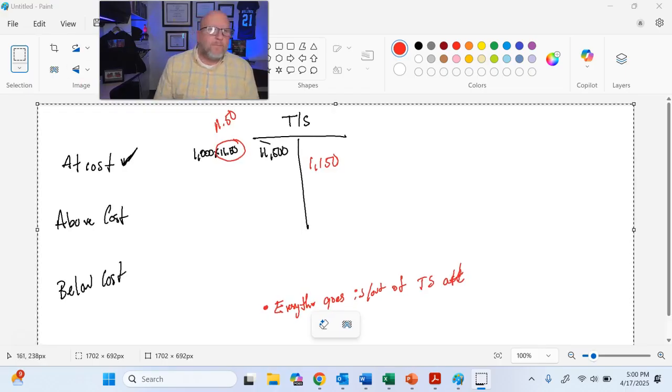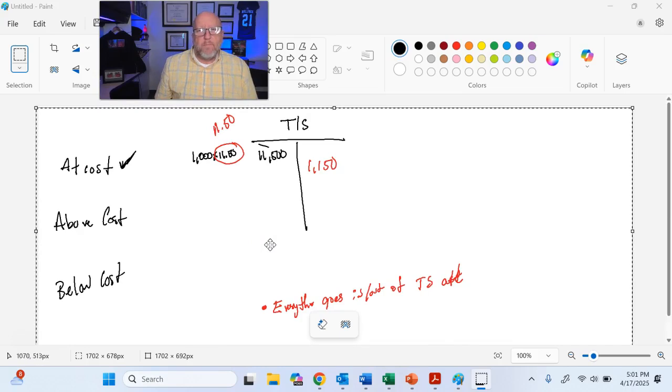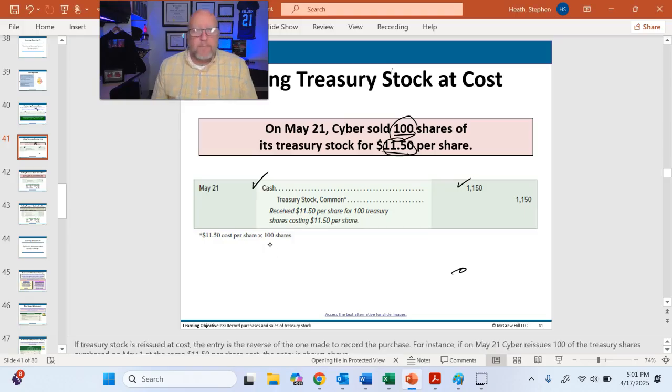I was going to try to redo this, but it's giving me so many problems. Everything goes in and out of the Treasury stock account at cost. That's all I was trying to write, but I'm slow. Okay, so here it's going out of Treasury stock at cost.